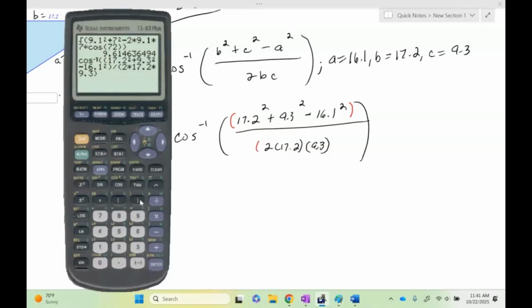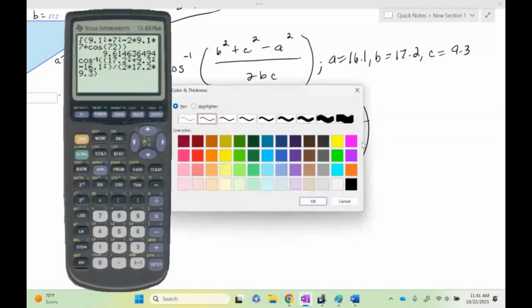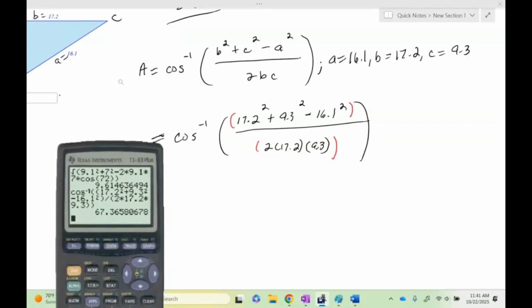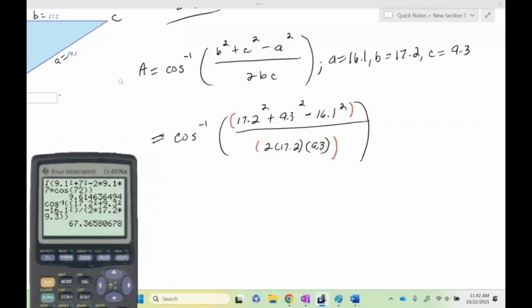I'm going to close off the denominator, and then you have to close off your arc cosine function. So I should have 1, 2, 3, 4, 5, 6. I got 6 sets of parentheses. And if you round, I believe that's 67.4. So A is equal to 67.4.